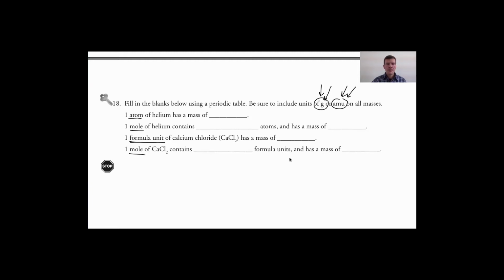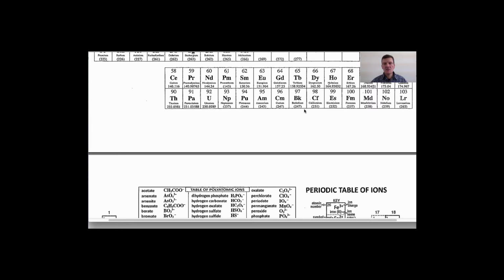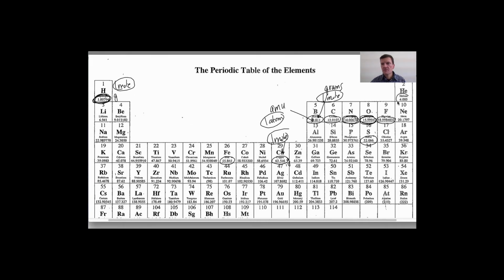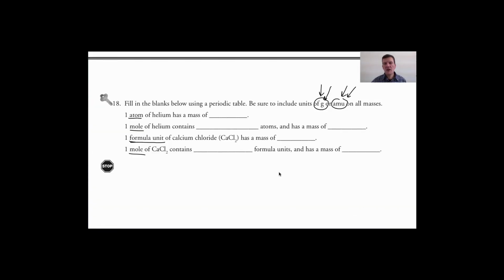So 1 atom of helium has a mass of what? Let's look at our periodic table and let's go to helium. Look right there. That is the atomic mass of helium. So 1 atom of helium has a mass of about 4 AMU. 1 mole of helium contains 6.022 times 10 to the 23rd atoms and has a mass of what?